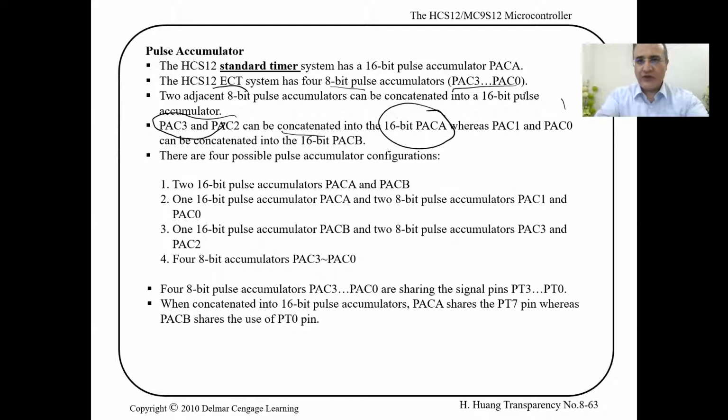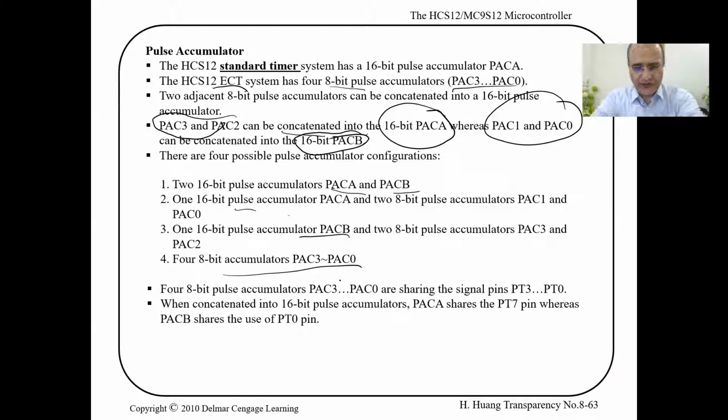Also, pulse accumulators 0 and 1 can be concatenated to create a 16-bit pulse accumulator called pulse accumulator B. These are configurations. We can use 2 16-bit pulse accumulators, 1 16-bit and 2 8-bit, or 4 8-bit pulse accumulators, whatever your needs are.